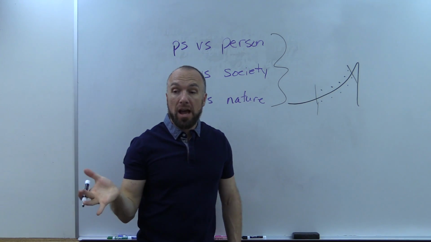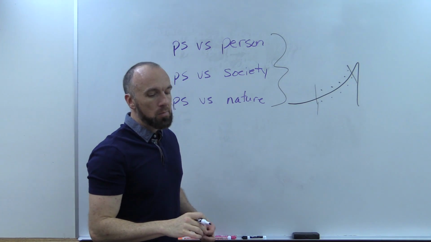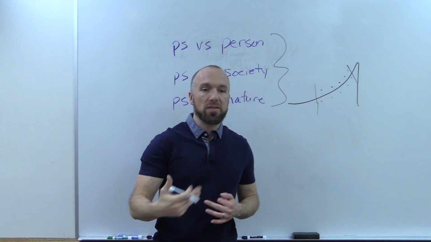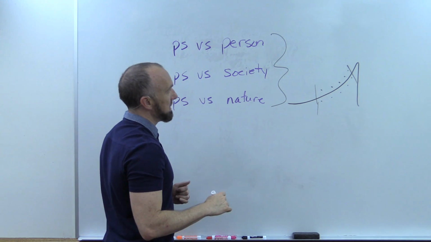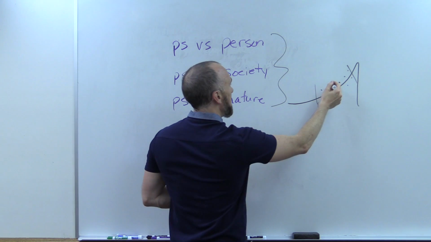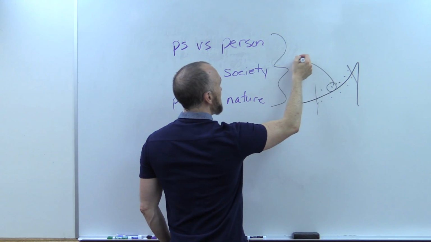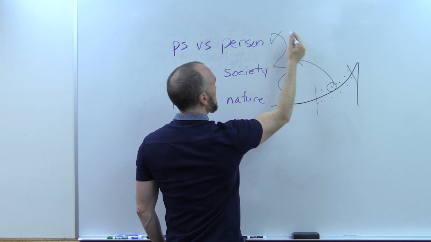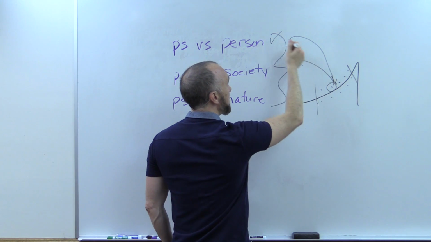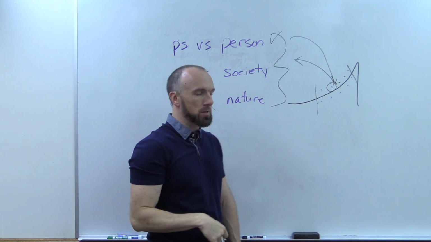So we're going to have you identify some of those today in your activities, where you have to read an excerpt and say, hey, this is person versus whatever, and then explain why it is that category. So if I give you this event right here, and I say, which one of these types of external conflict is this event, then you have to say, oh, it's this one, and then you have to explain why that event is representative of person versus person.